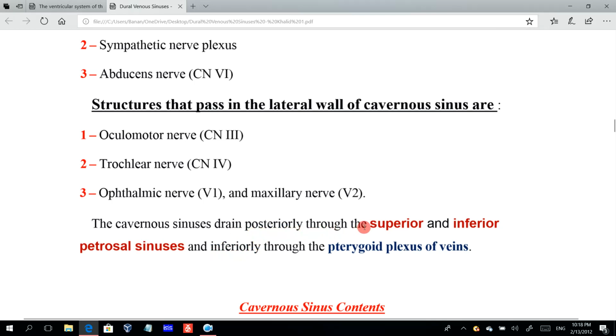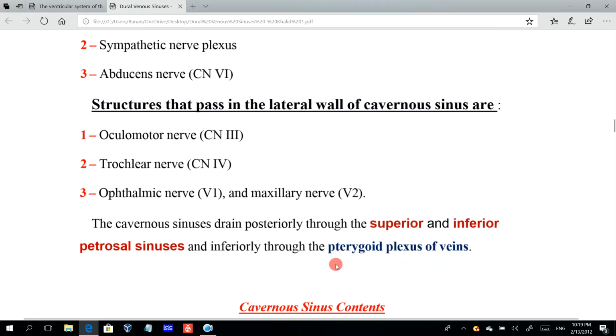Posteriorly through the superior and inferior petrosal sinuses, and I will discuss these sinuses in a few minutes, and inferiorly through the pterygoid plexus of veins. If you remember from the previous lectures, the pterygoid plexus of veins is one of the contents of the infratemporal fossa.